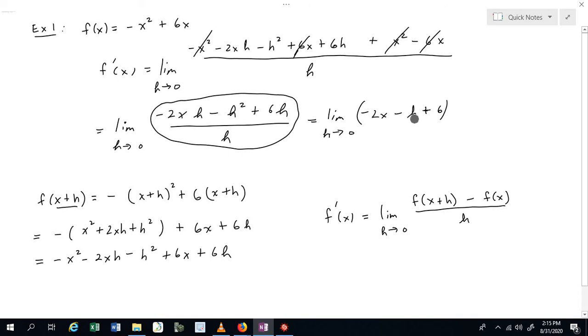And when I use direct substitution now, right, when I plug 0 in for h now, I get negative 2x plus 6. Okay, and so this is the derivative of this function. So f prime of x, the derivative of f of x, is simply negative 2x plus 6.